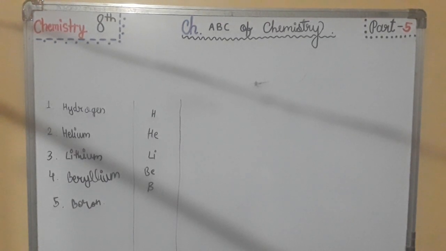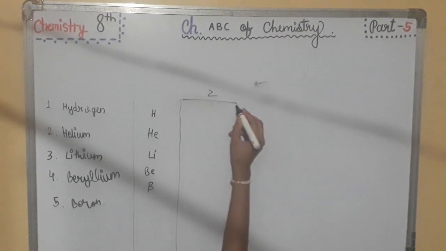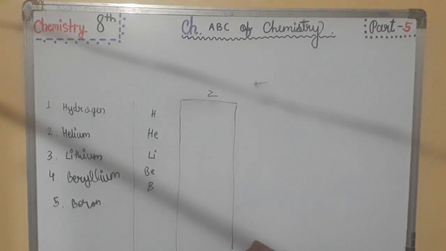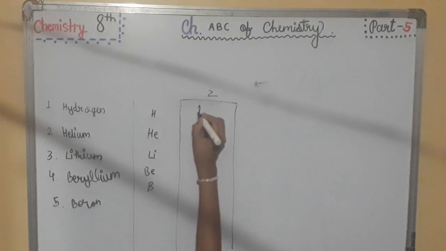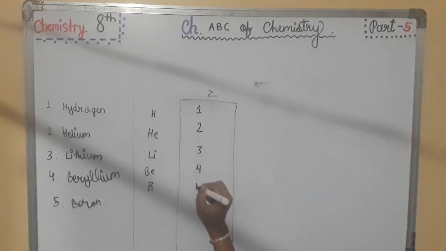Now we will write the atomic number, that is denoted by Z. So atomic number of hydrogen is 1, helium is 2, lithium is 3, beryllium is 4, boron is 5. After that, we will write the number of protons in nucleus.